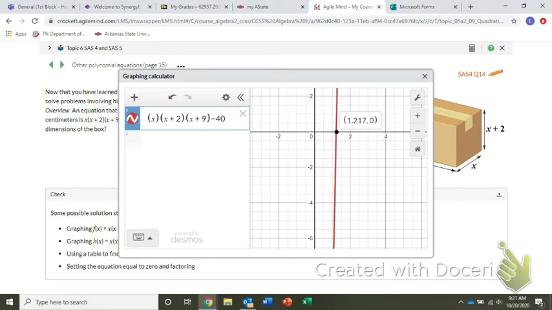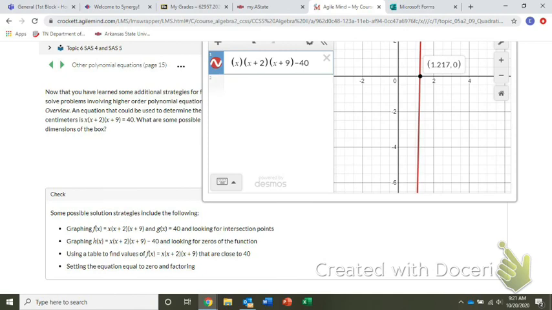So our zeros here would be x equals negative 8.2, negative 4, and a positive 1.2. Okay? So that's the easiest way to look for the zeros.